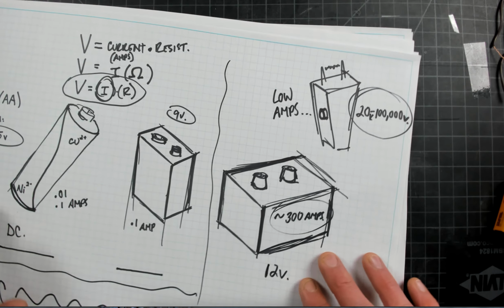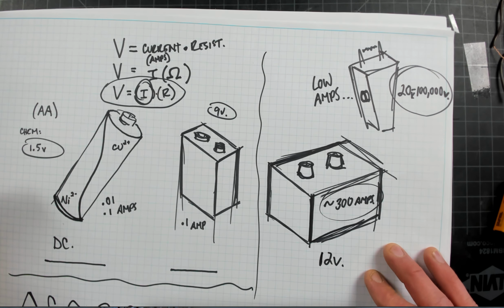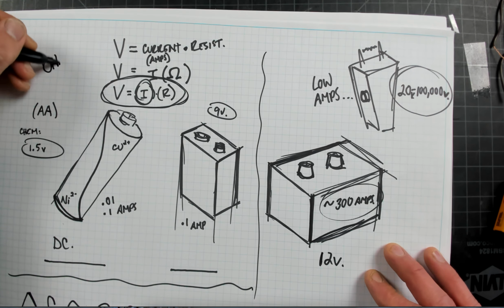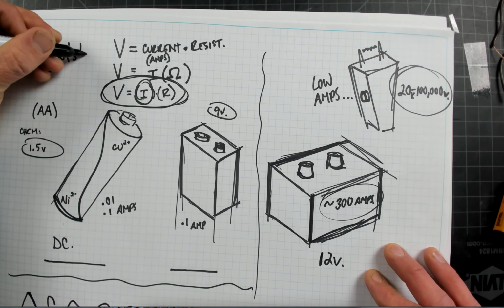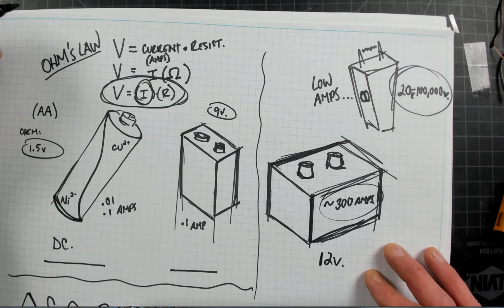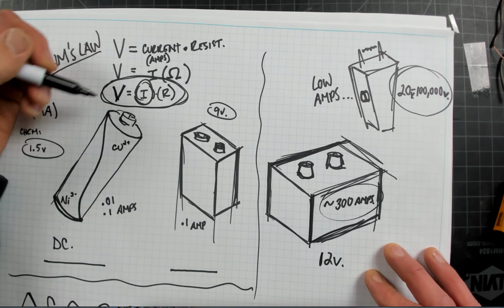Now, you don't have to be concerned with calculating Ohm's law, is it Ohm's law? Yeah, you don't have to worry about Ohm's law and doing any calculations with it, but understand that when it comes to, we know where the voltage is coming from, in these cases, chemical reactions.